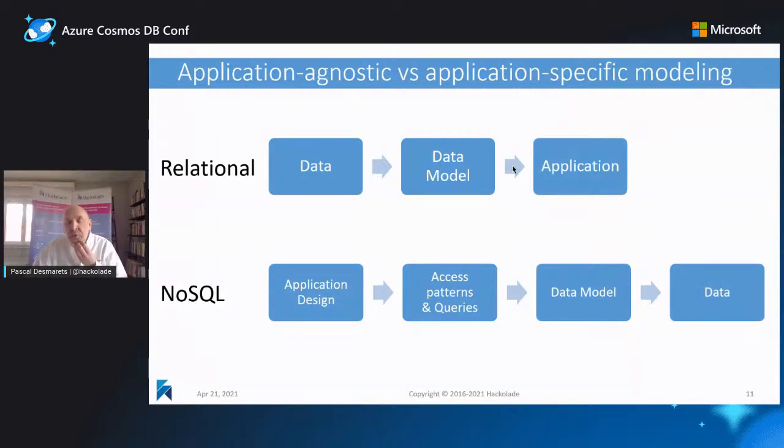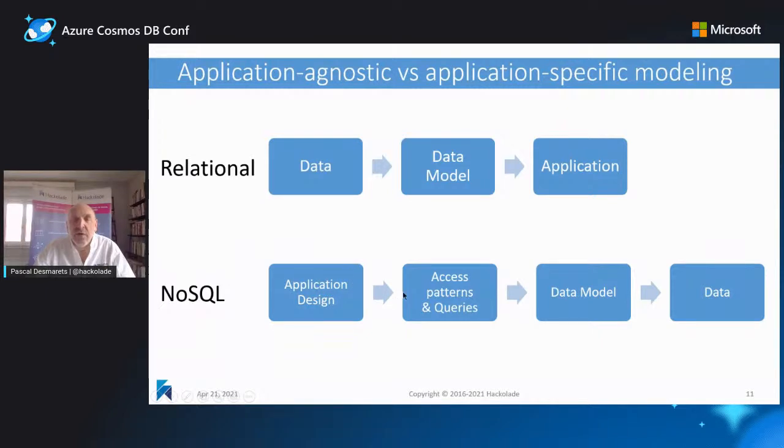The rules of normalization have taught us to design data models in an application-agnostic manner, making sure to have this beautiful generic design with no duplication of data. When it comes to NoSQL databases, we need to get rid of all this baggage. We need to turn the rules upside down based on the requirements and the design of the application.